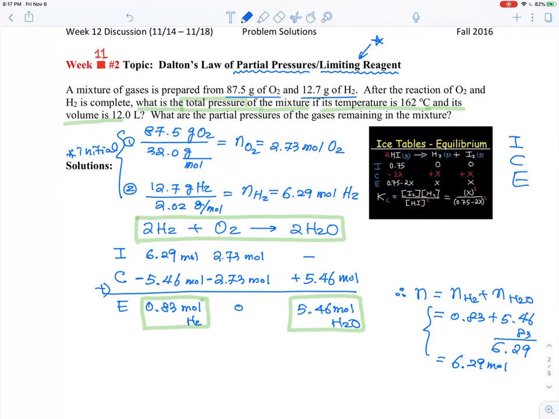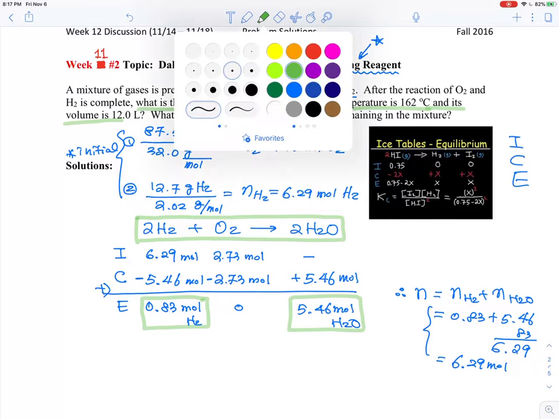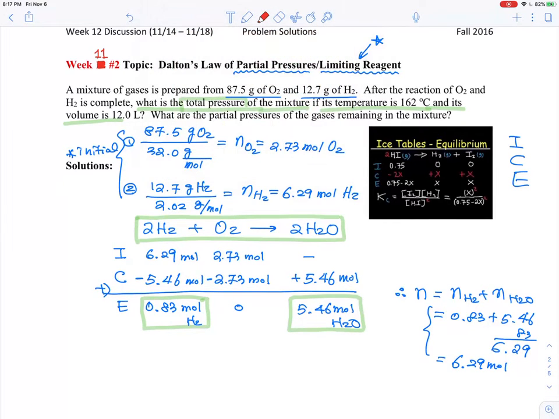So now, what are the partial pressures? The question here is, what is the partial pressure of the gases in the remaining mixture?